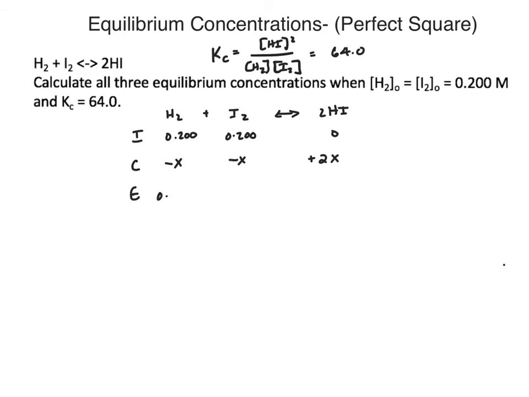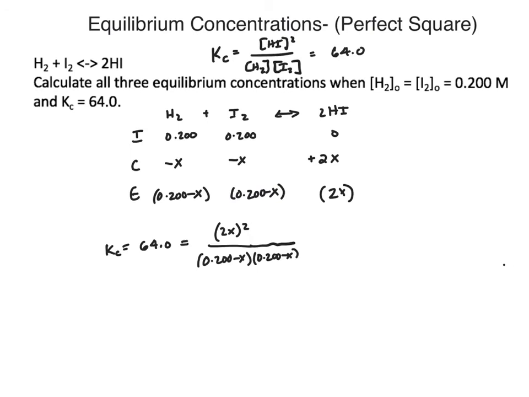And then we write out what our concentrations at equilibrium should look like. Okay, so now that we have these values here in the equilibrium row, we can plug them into our equilibrium expression.